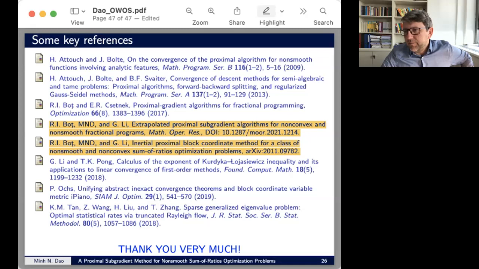Minh, first of all, if one would consider the same problem but with some linear constraints, do you see a chance to combine the proximal subgradient method here with the ADMM algorithm or a primal dual algorithm? How would you deal with linear constraints?